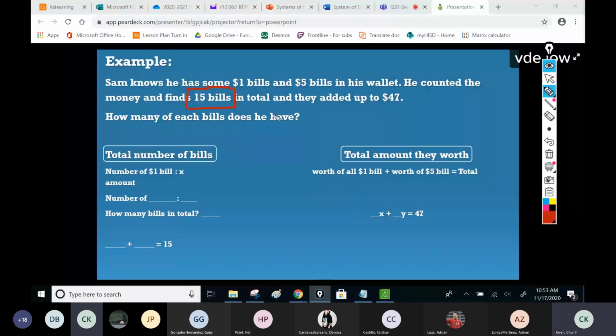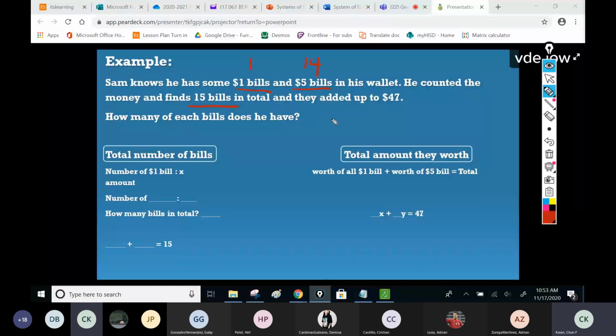So there are 15 bills in total. So far we know there are $1 bills, there are $5 bills, and in total there are 15 bills. There are many different possibilities. It could be one $1 bill and 14 $5 bills.